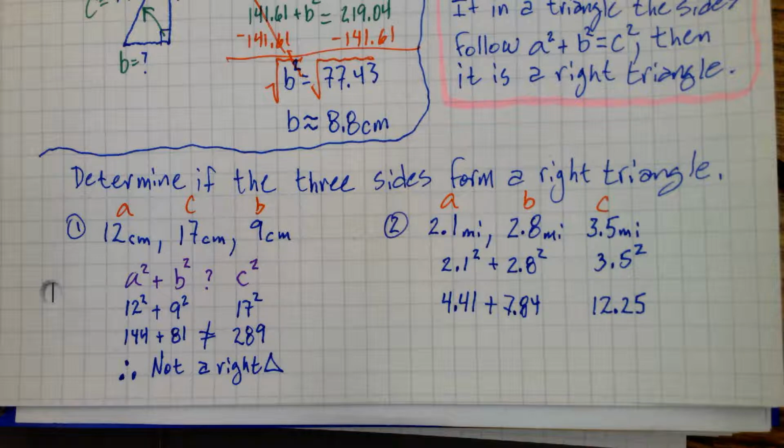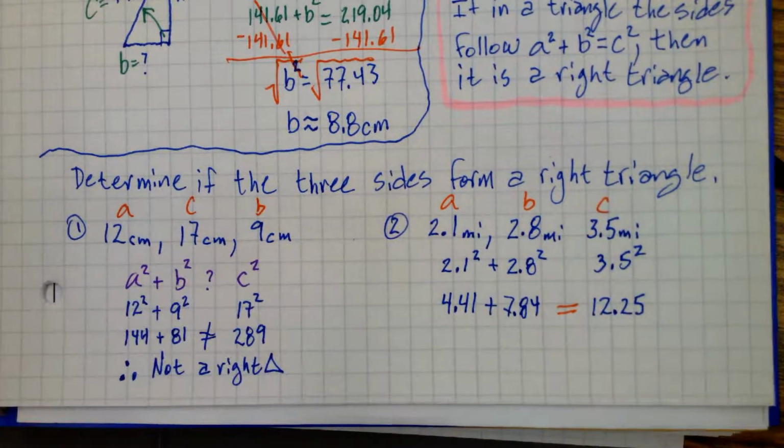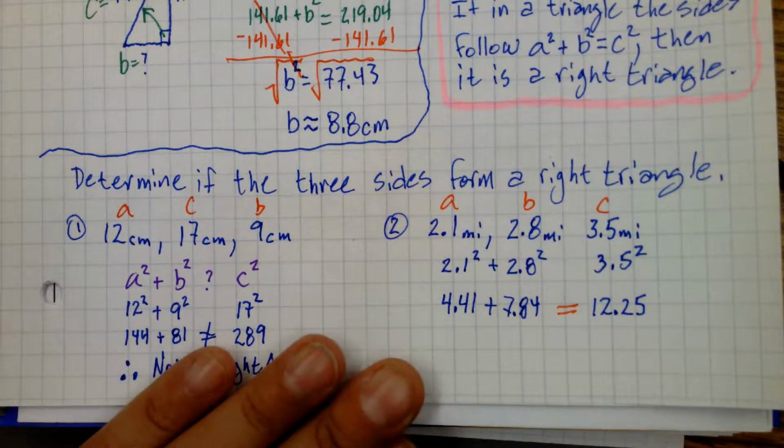Does it add up to 12.25? It sure does. This one is definitely equal. Therefore, it is a right triangle.